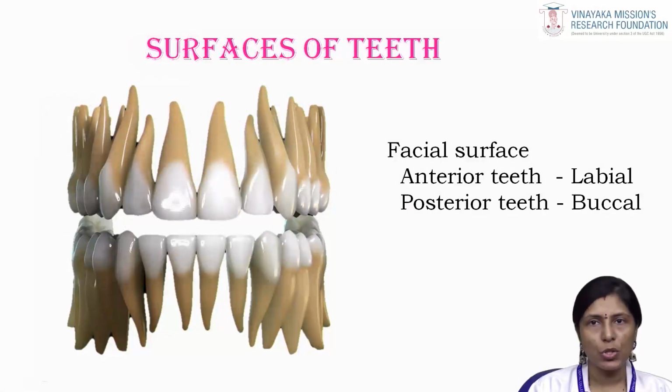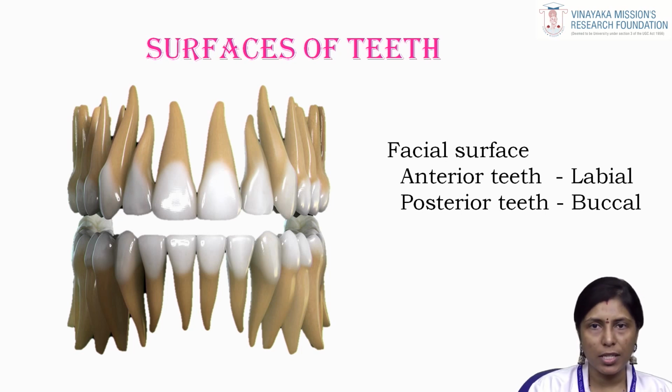Coming to surfaces of teeth. Surface that is going to be seen in the face, that you call it as facial surface. In case of anterior teeth, the surface that is going to face the lip, you call it as labial surface. When we smile, we see the labial surface of the teeth.